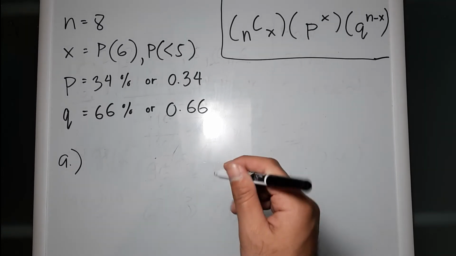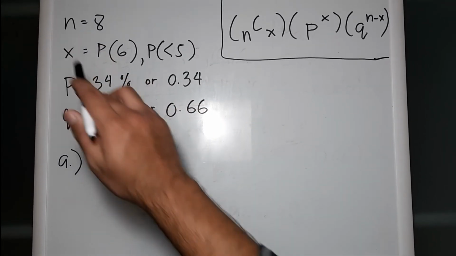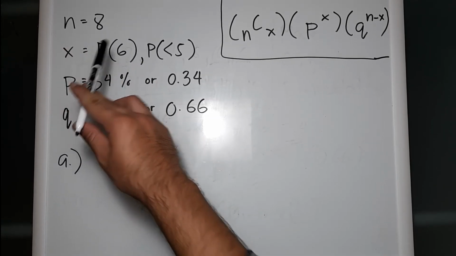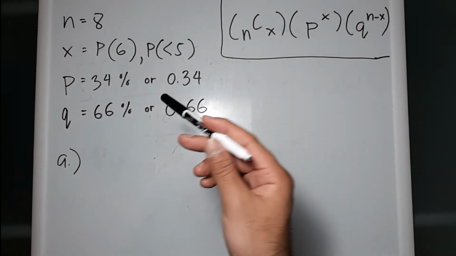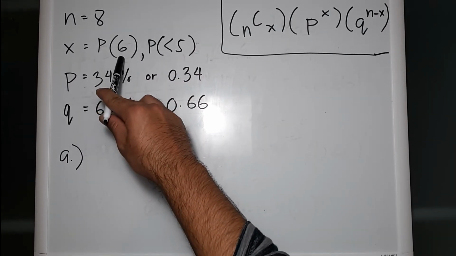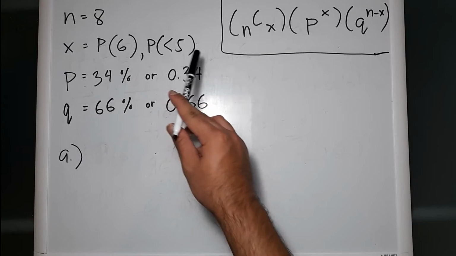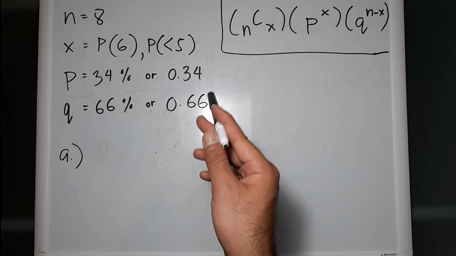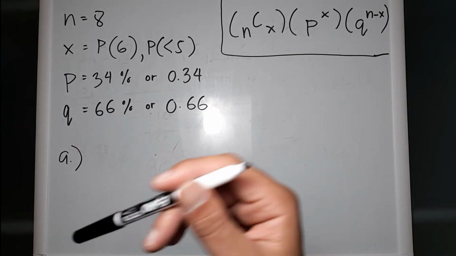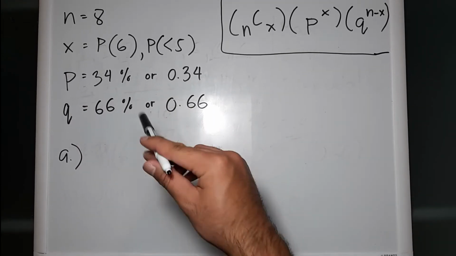So the variables are n, which is the number of trials, is 8. Then x is the possible values of x from the problem, which are exactly 6 and less than 5. P is the probability of success, which is 34%, but we're going to use the decimal form, 0.34.